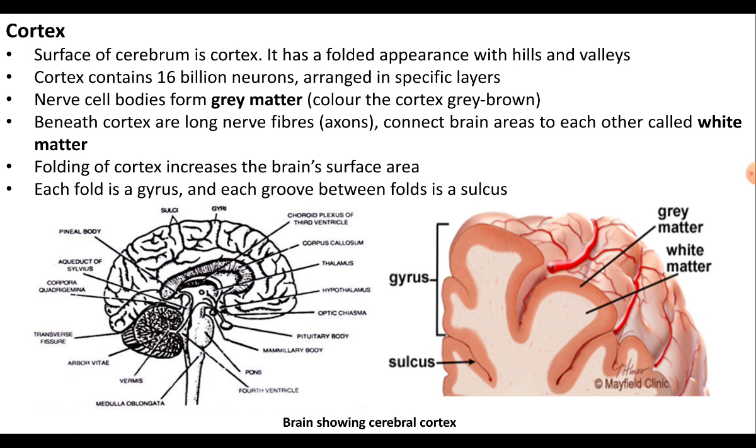Each fold of the cortex is called a gyrus, and the groove between two folds is called a sulcus. In general, the increased surface area of the cortex results in an increased number of foldings, which determines the degree of intelligence in a person.